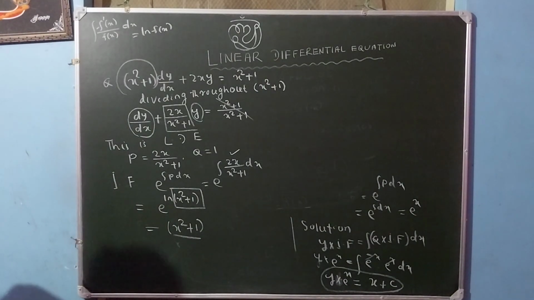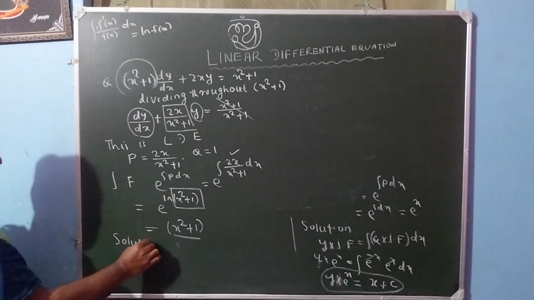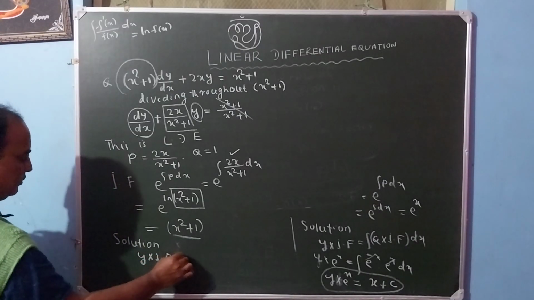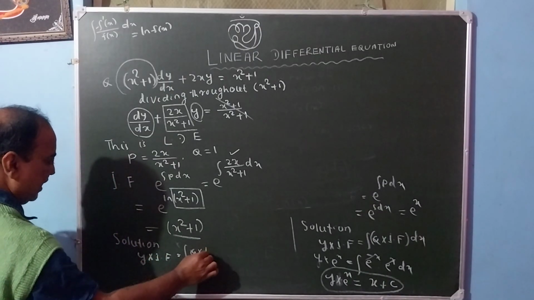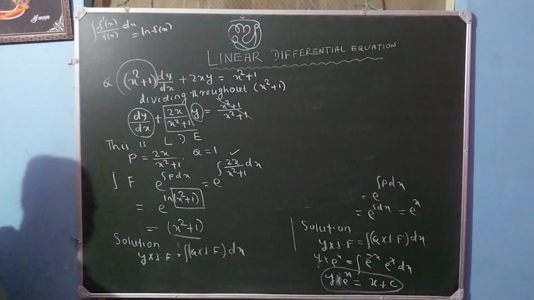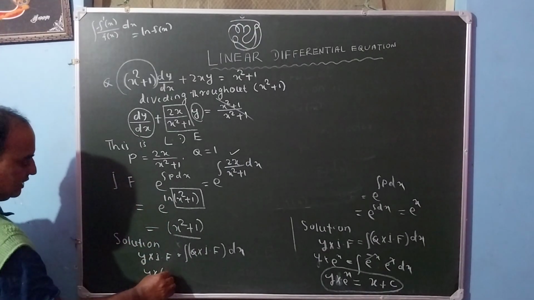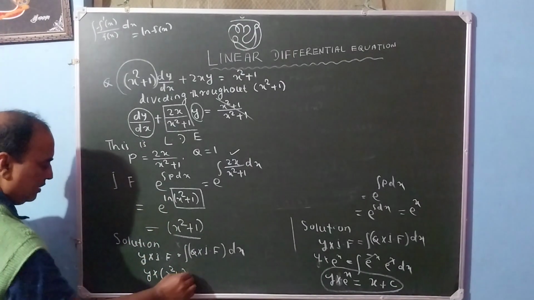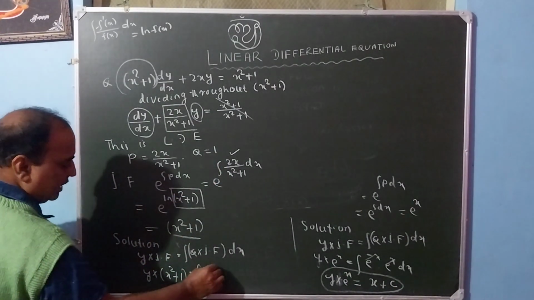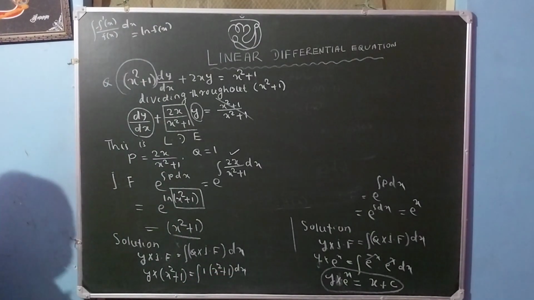Now the solution: y into integrating factor is equal to integral of Q into integrating factor, whole into dx. So y into x square plus 1, here Q means 1, into x square plus 1 into dx.